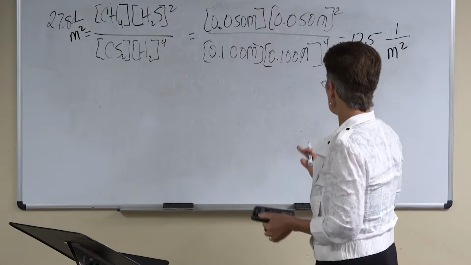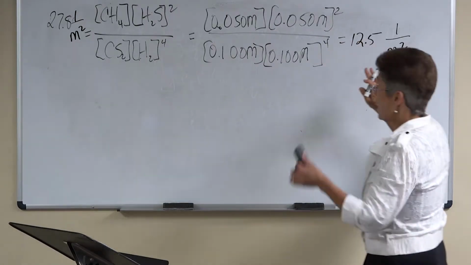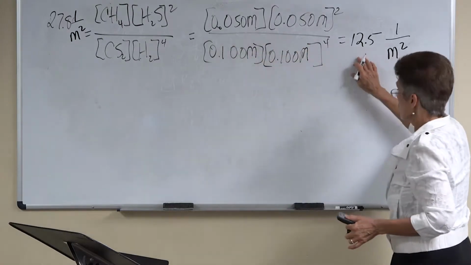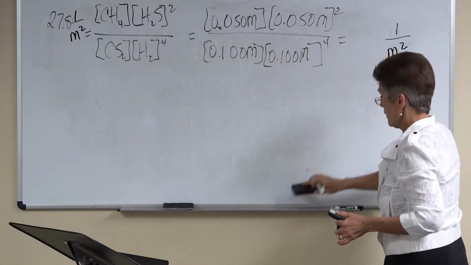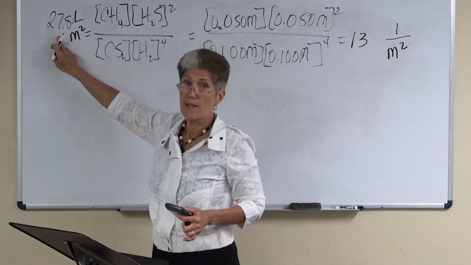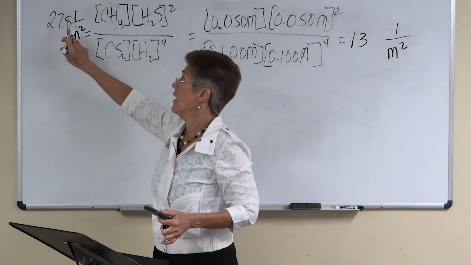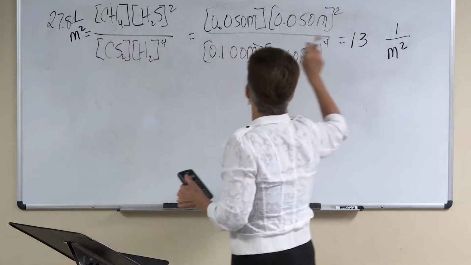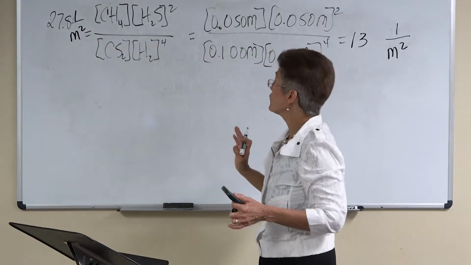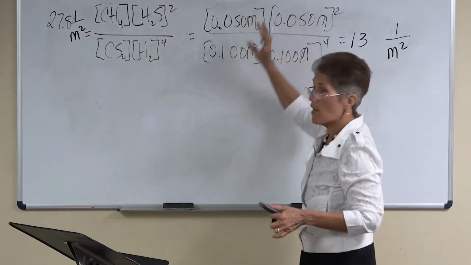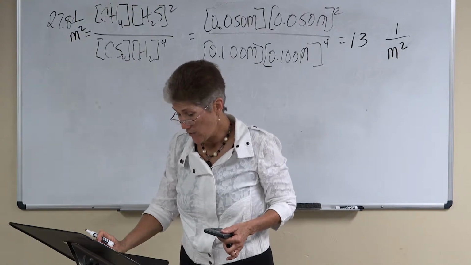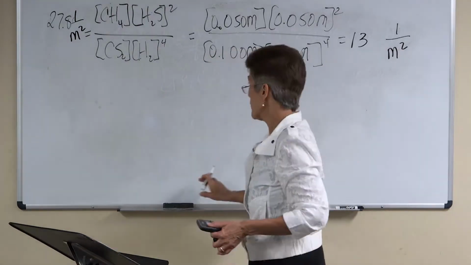Okay, so now we've got it at these concentrations, but this is in two significant figures, so this ends up being 13. Is 13 the same as this? Obviously not. And so this is smaller than 27. Therefore, we would have to push it toward the product side to get it to equilibrium. So for A, the answer would be shift it to the product side.